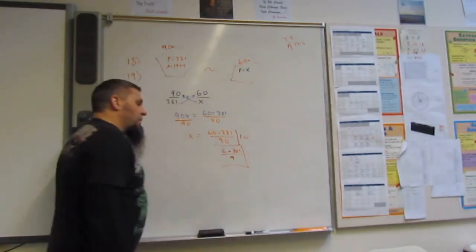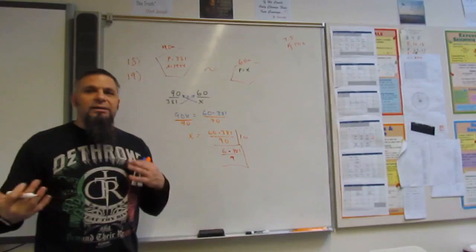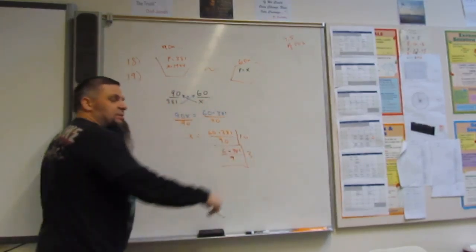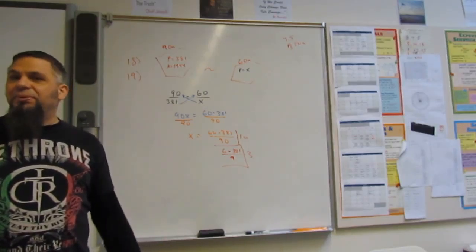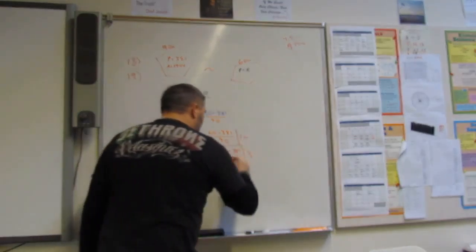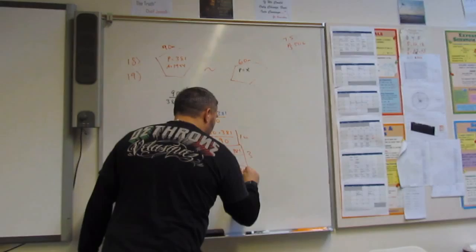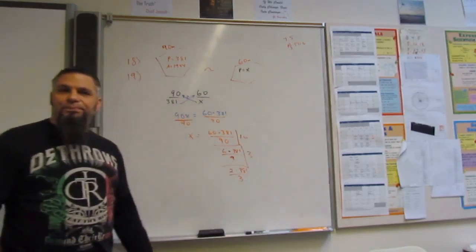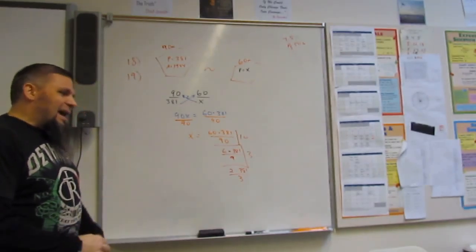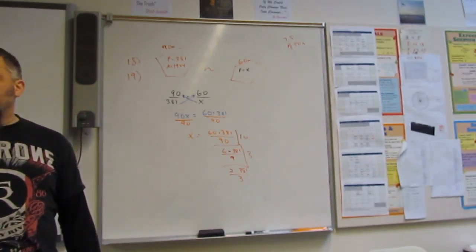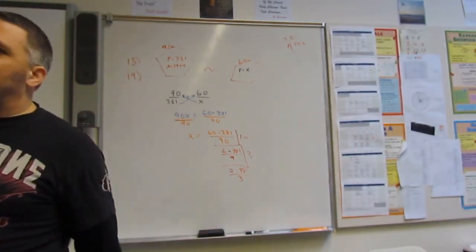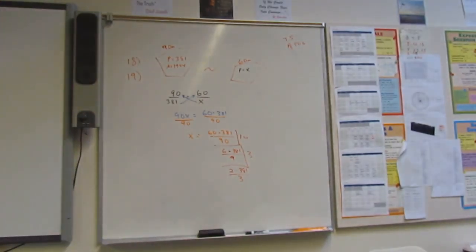And so then we're going to go, okay, what goes into 6 and 9? 3, okay? So we just keep playing with those numbers until we break them down as far as we can, right? So 3 goes into 6 twice, and 3 goes into 9 3 times, right? And then we're like, well, I can't break down the 2 into 3 anymore, right? But does 3 go into 381? And we use that trick: 3 plus 8 plus 1.